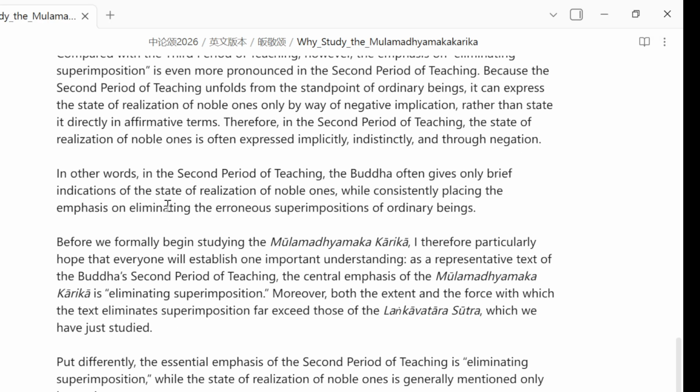In other words, in the second pillar of teaching, the Buddha often gives only brief indications of the state of realization of noble ones, while consistently placing the emphasis on eliminating the anomalous superimpositions of ordinary beings.